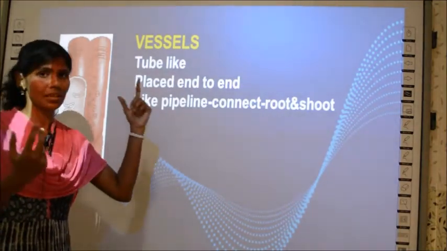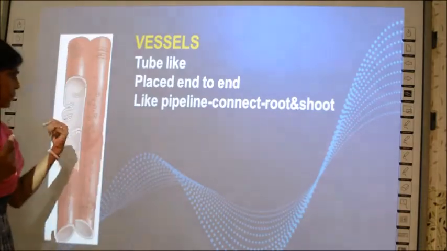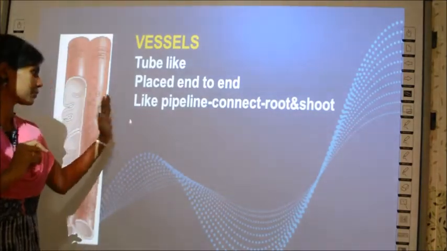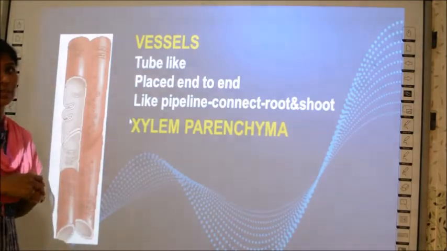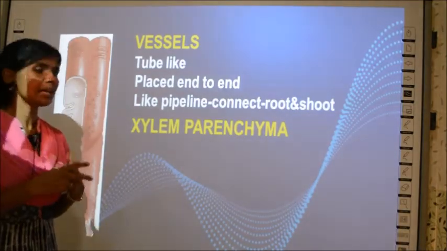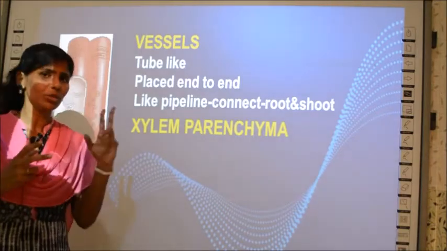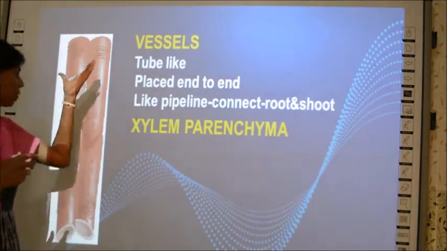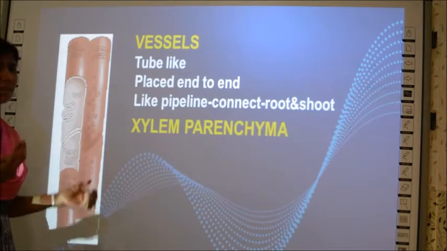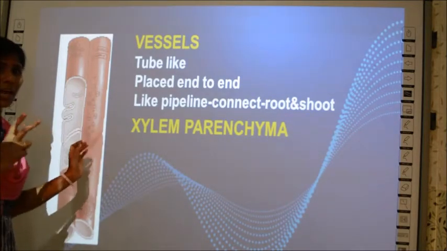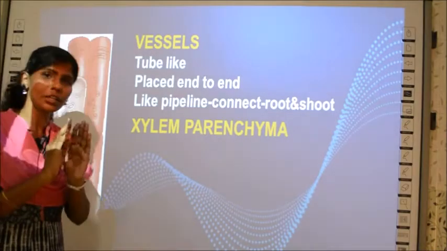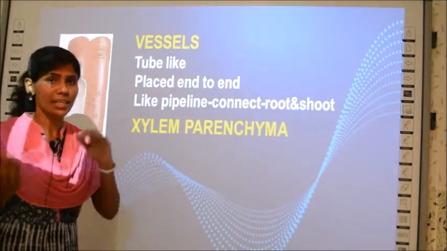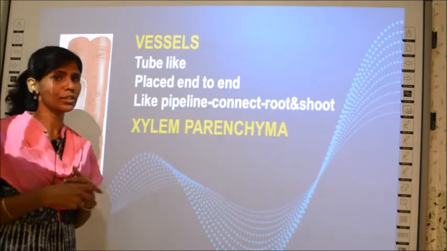Shoot means stem. So this pipe-like structure connects the root and the shoot. Totally they are pipe-like and always placed end to end, attached to each other, and since it is like a pipe, it starts from the root and ends in the shoot.